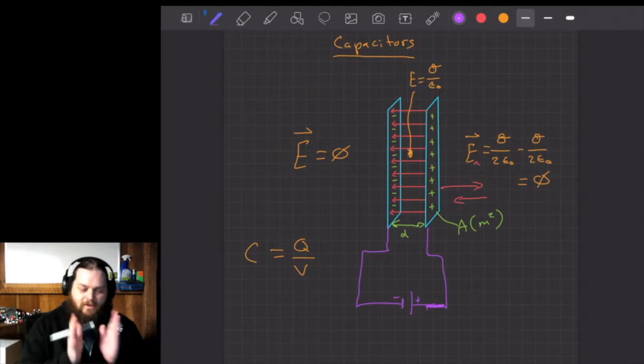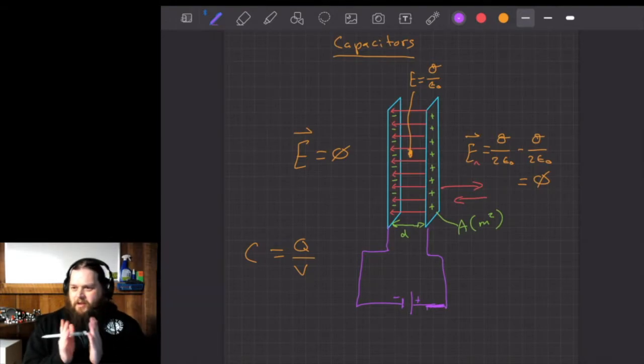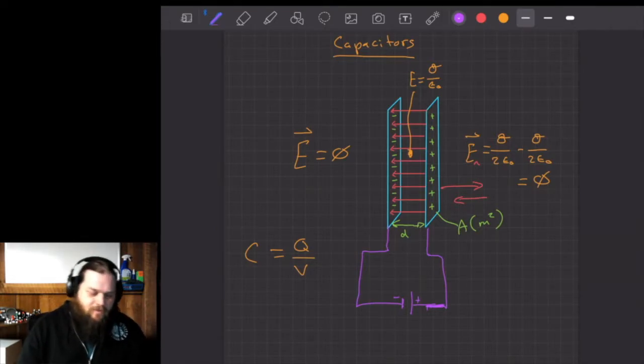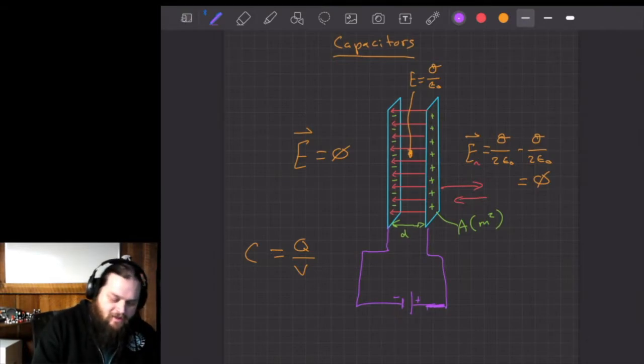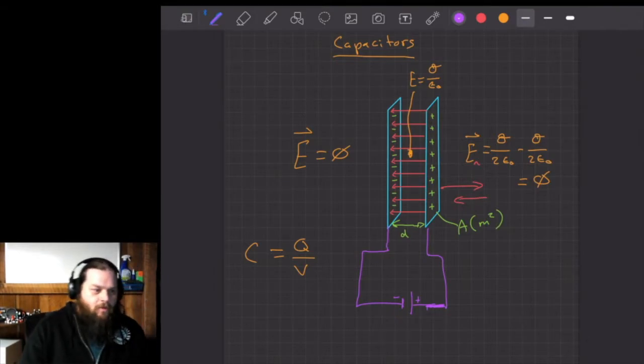So we end up with this charged plate at that point. Before you add the battery or the power source to it, the plates start out with a neutral charge. And then once you add the power source to it, it charges that plate up. And the capacitance here we said is equal to Q over V.